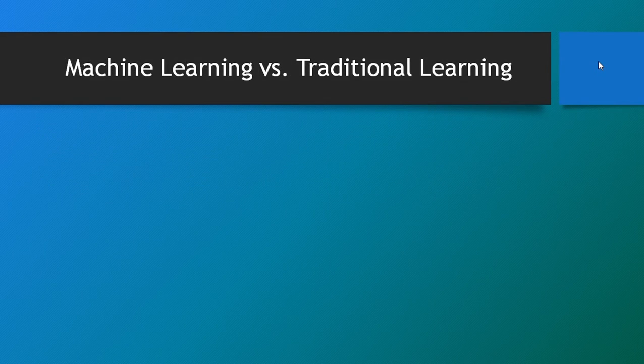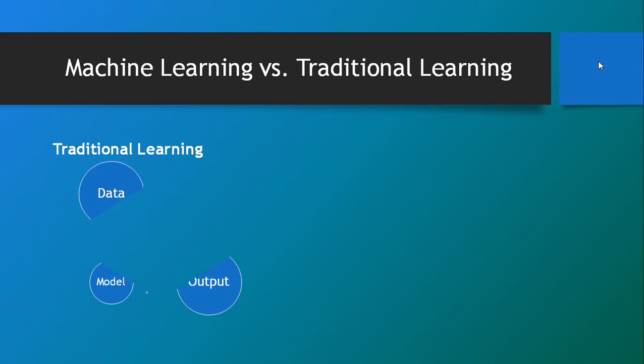Let's analyze the difference between traditional learning and machine learning in a bit more detail. In traditional learning, we feed the input to our model, which is loaded onto a machine, and the machine gives us the output.